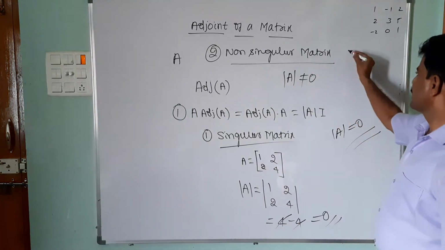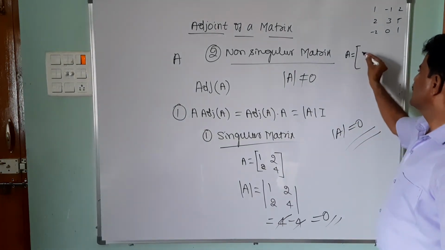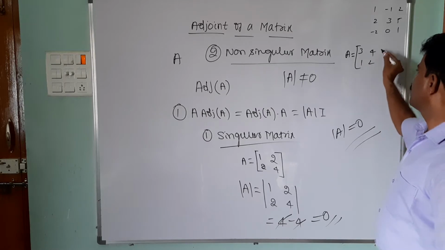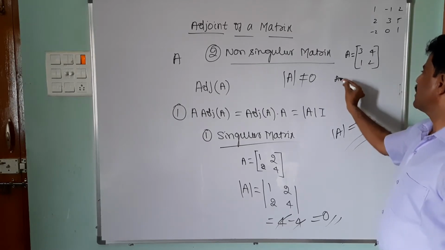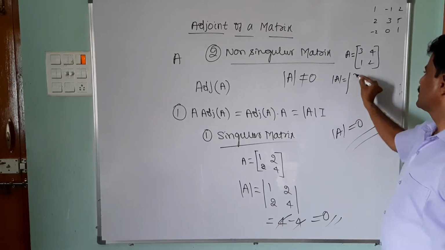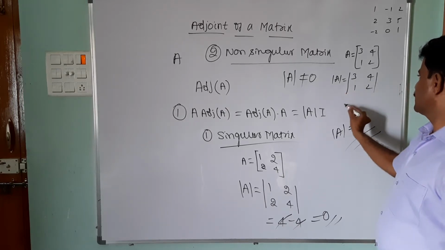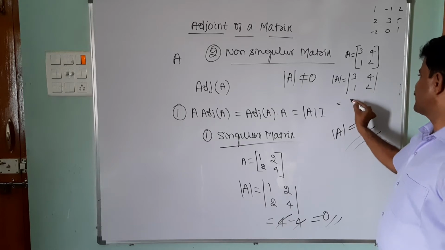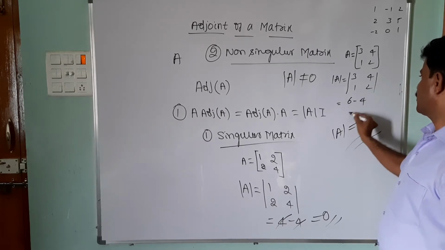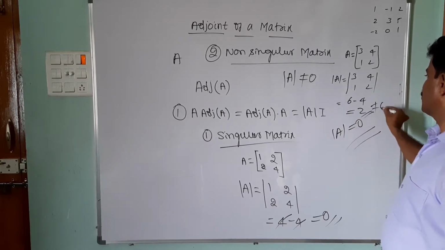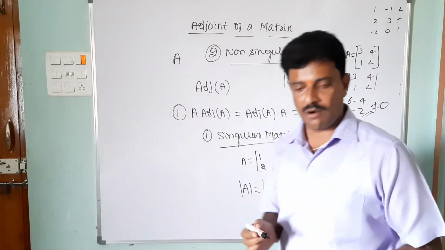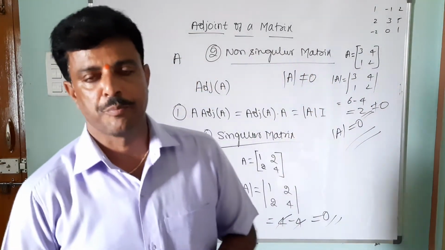One example: A is the square matrix 3 4 1 2. Determinant of A is 3 times 2 is 6 minus 4, which is 2. 2 is not equal to 0, so that is called a non-singular matrix.